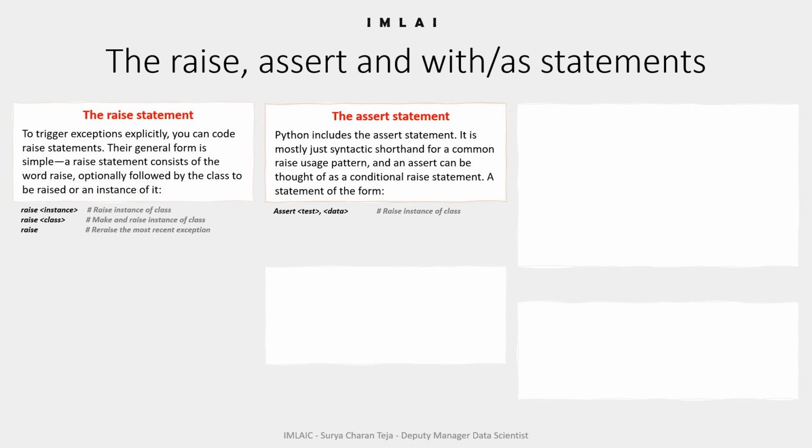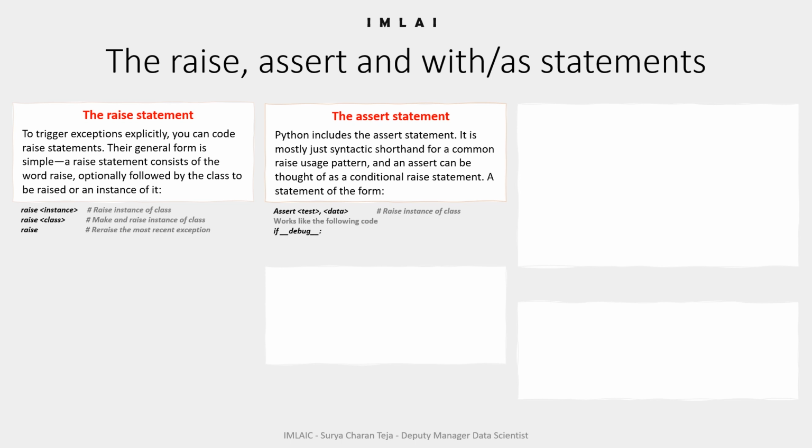You can see a statement of the form below. You will have assert and then a test. The test is very important in the assert statement, and then data. It works like the following code: if test is false, raise an instance of the class.